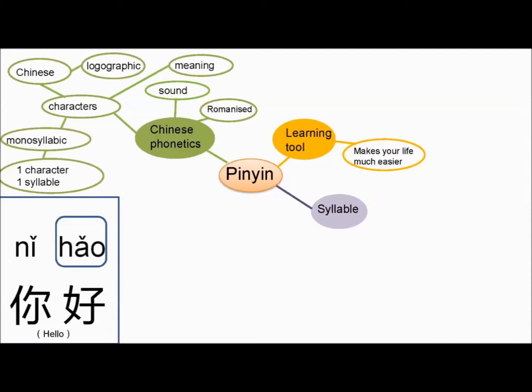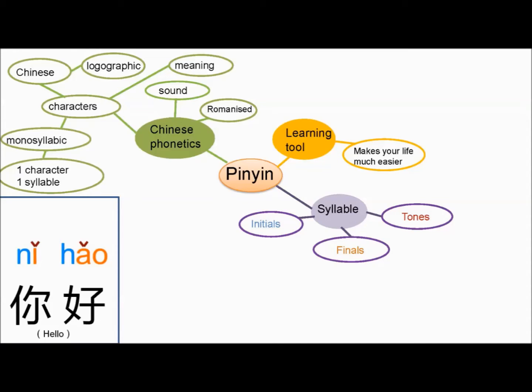So what forms a Pinyin syllable? Well, one syllable in Pinyin comprises of three elements: an initial, a final, and a tone. There are 21 initials in the Chinese phonetic system. Just like what the name shows, they are the beginning of a syllable, and when you write a Pinyin, the initial is the first thing to write down.